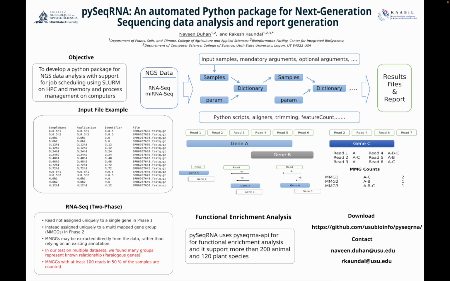The parameters for different tools and different scripts are taken from the pySeqRNA package. pySeqRNA stores intermediate results in dictionaries and proceeds further. Ultimately, all the results are saved in a results directory with all the visualizations and an HTML report.